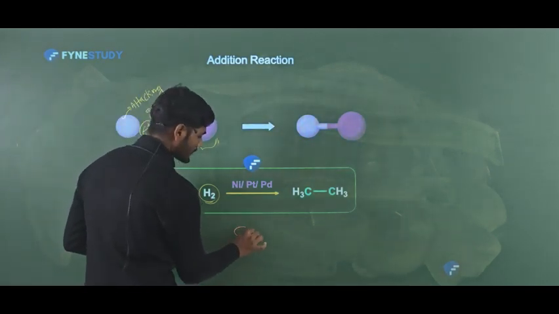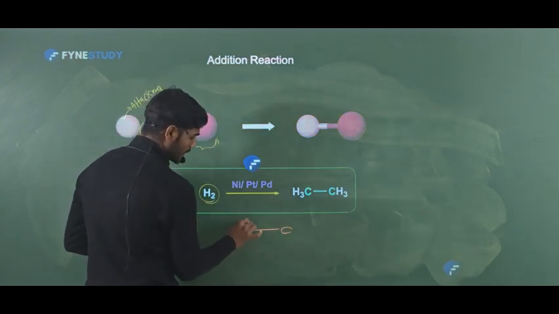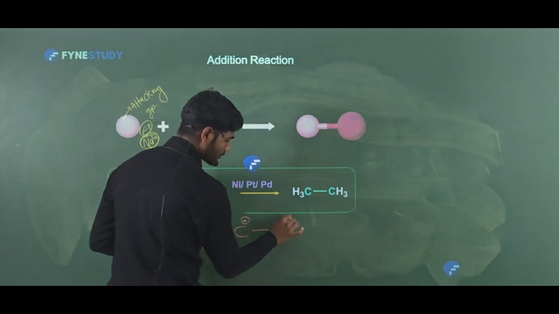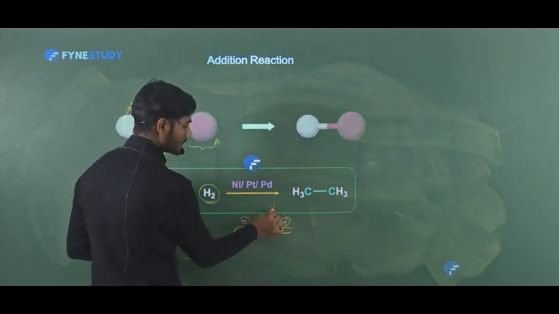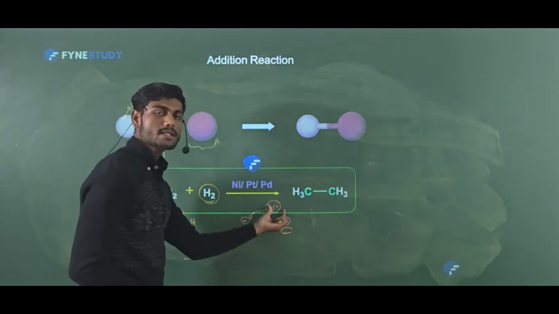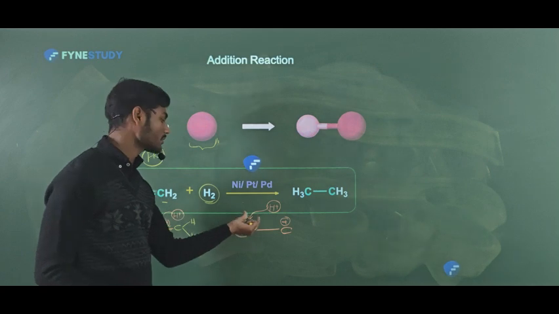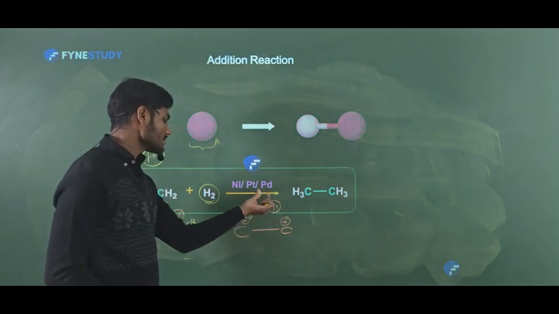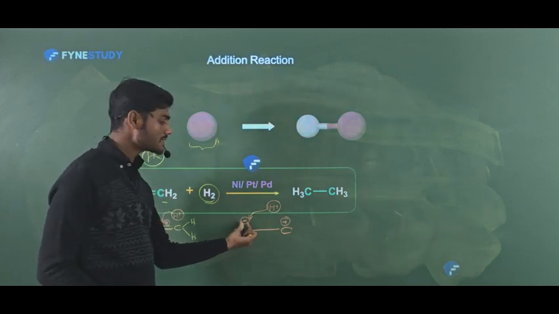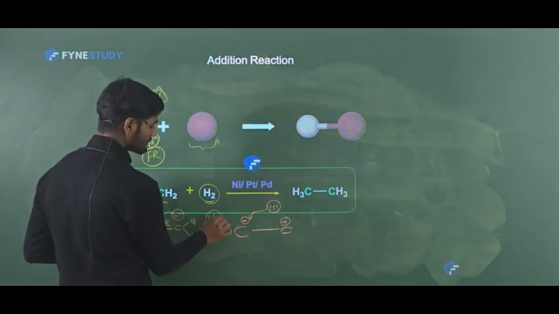So the carbon will have one bond like this, and one carbon will have a negative charge, one will have a positive charge. So here H plus was approaching. H plus is having deficiency of electrons and this carbon is having excess of electrons. So the H plus comes to C minus, and one more H minus was there in the solution.